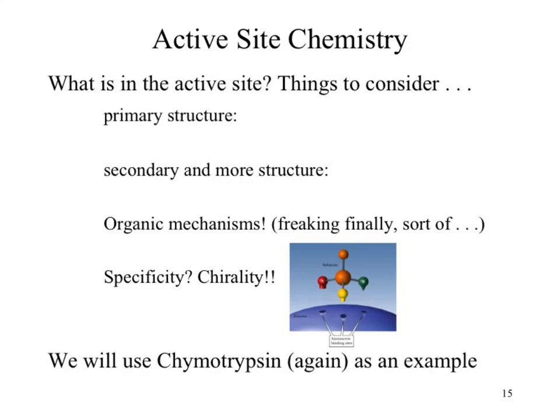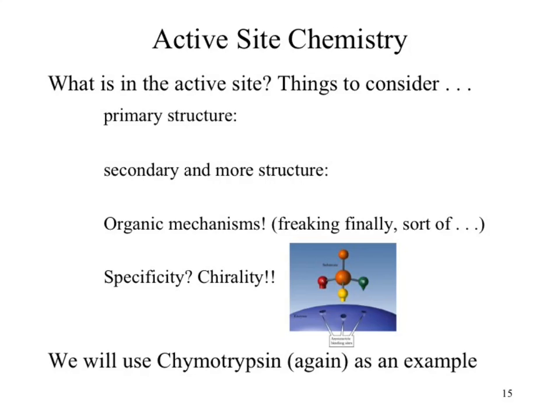The next thing that we can look at is your secondary and larger structure. So how the protein folds and in what way does it fold. There's a couple things that will pop up there. How does that take your primary structure amino acids and bring them into the active site? And number 2, what happens with the protein itself to either wrap around your substrates or do other things?